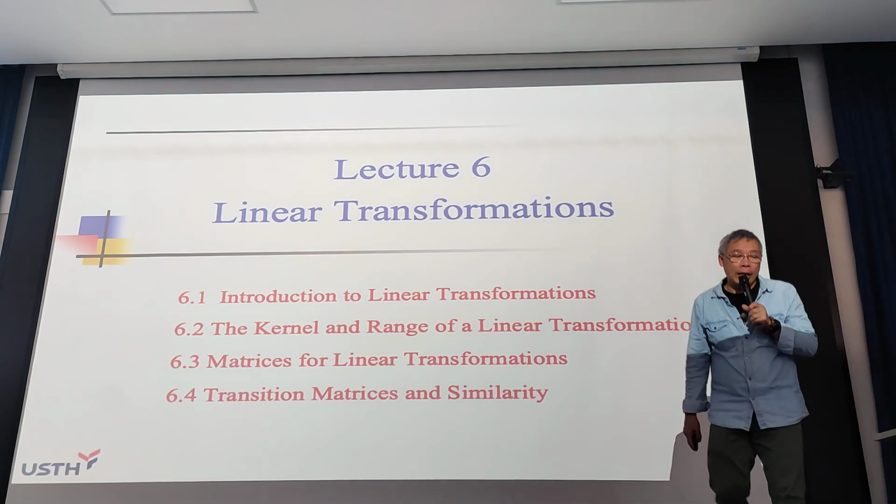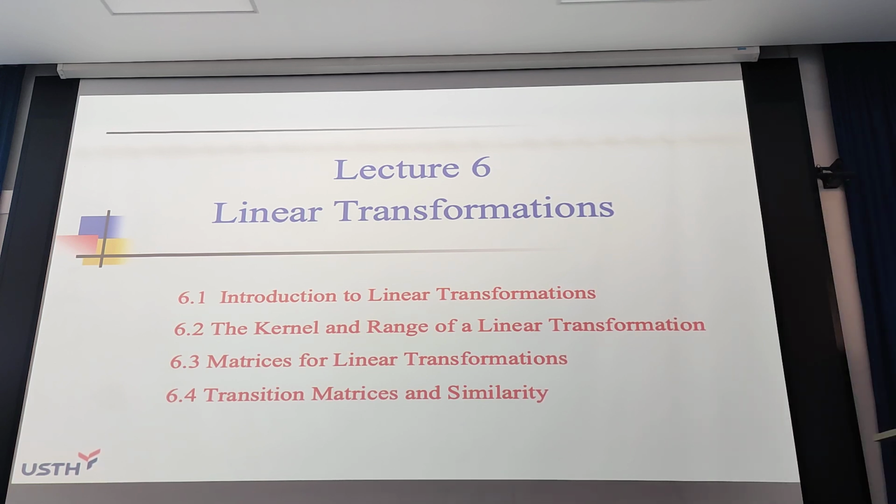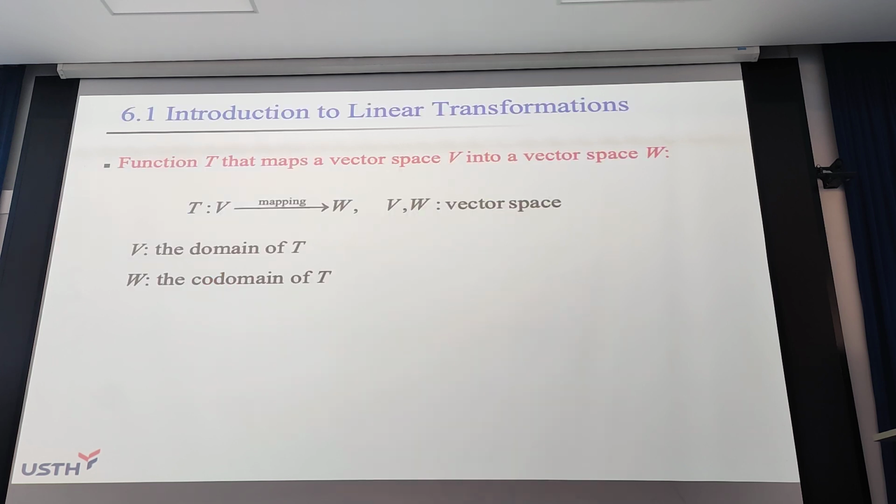Chapter number 6 is named linear transformation. So we begin with the first one. Suppose that we are given two vector spaces.